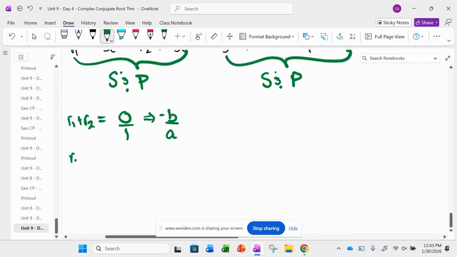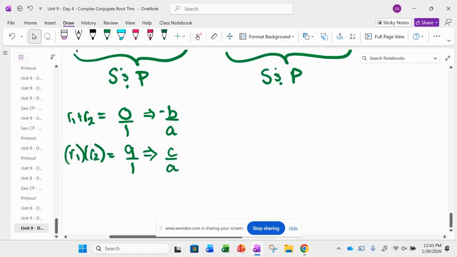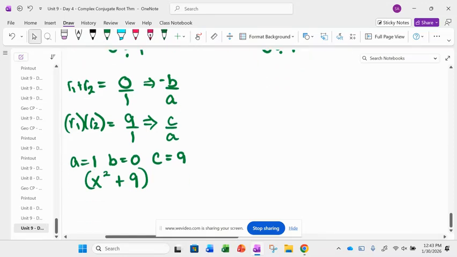And then I'm going to have root 1 times root 2 is going to give me negative 9i squared. Isn't that just positive 9? Which is c over a. So here our a is 1, our b is 0, and our c is 9. So this gives us x squared plus 9 is the factor.